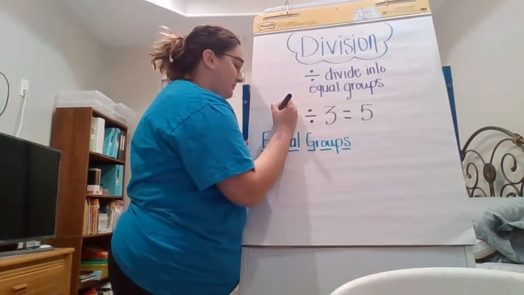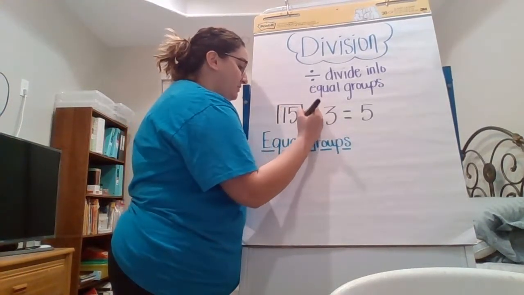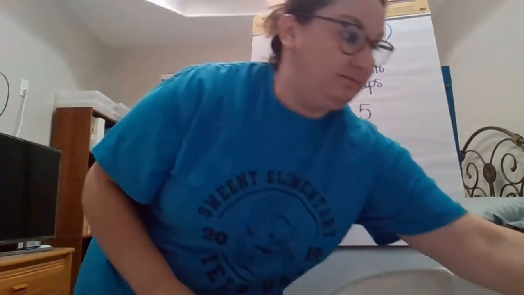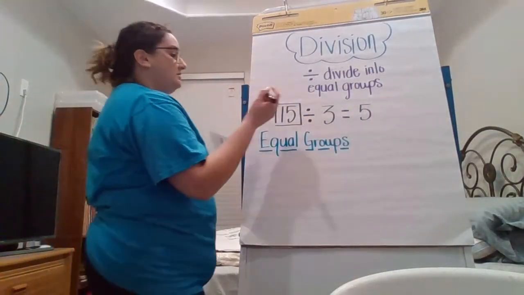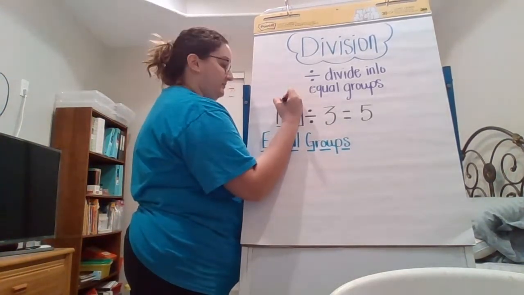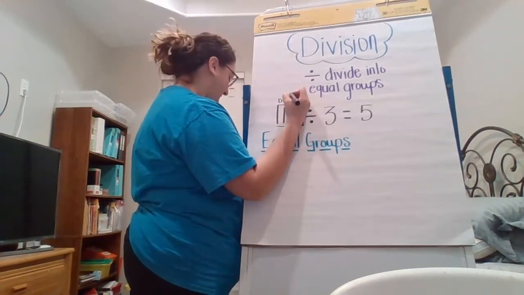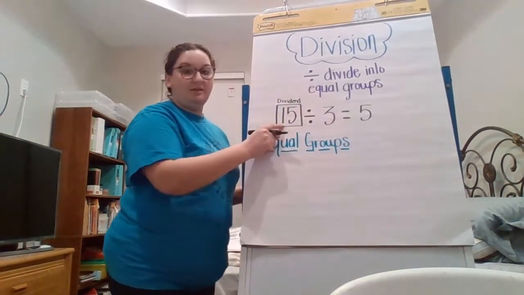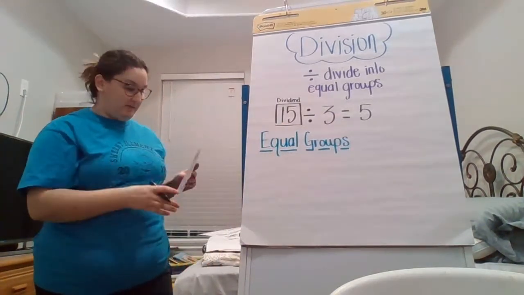The number that we start with is called our dividend. Everybody say that word with me, dividend. Usually it's going to be our biggest number out of the three.